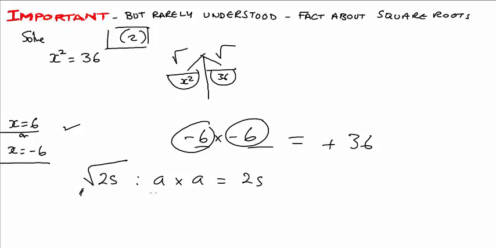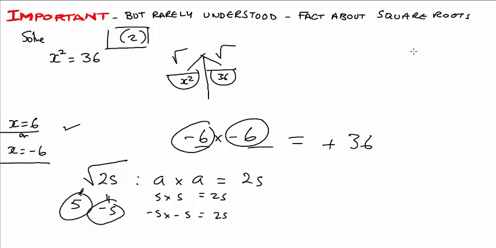And people are straight away clear that, look, 5 times 5 gives you 25. So that's why this equals 5. But minus 5 times minus 5 also equals 25. So actually, the square root of 25 has 2 answers. It could be 5 or it could be minus 5. So that's a very, very important thing.